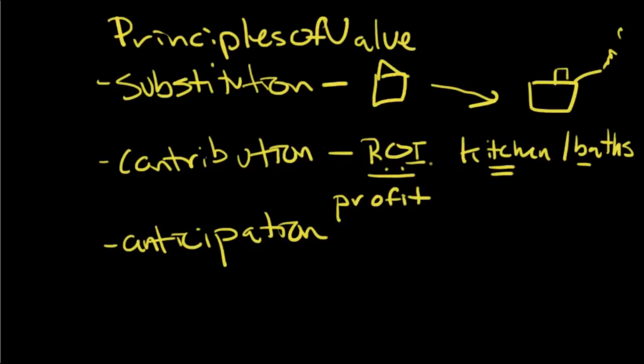No one puts a kitchen into a house hoping to fix it up so they can sell it for less. They want to sell it for more, because the house is move-in ready. The new buyer doesn't want to do any work. They want to move in and have it ready on day one. There's a premium people will pay for that, and that premium, or the profit margin there, is called the contribution.